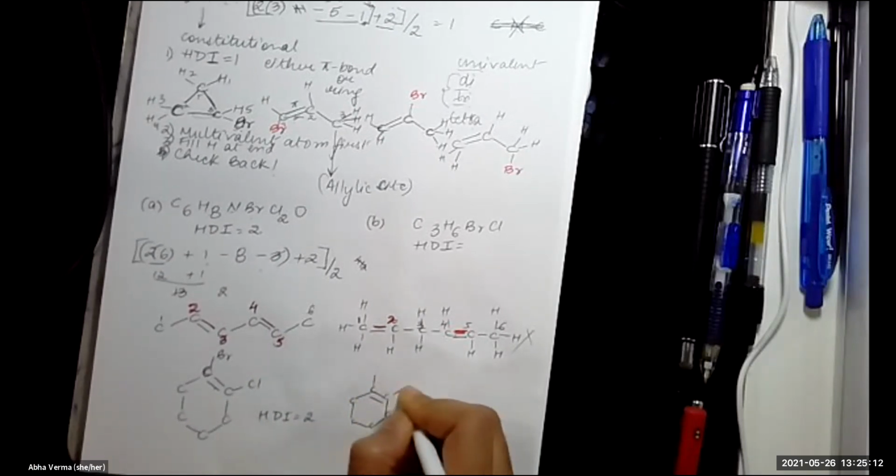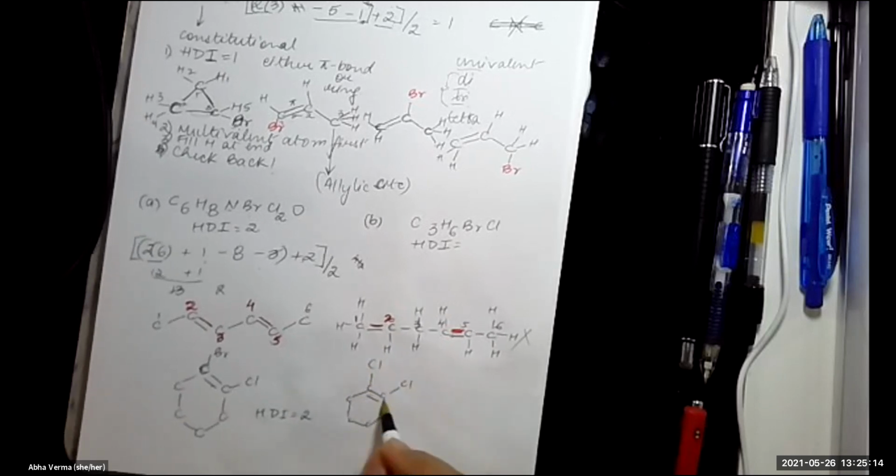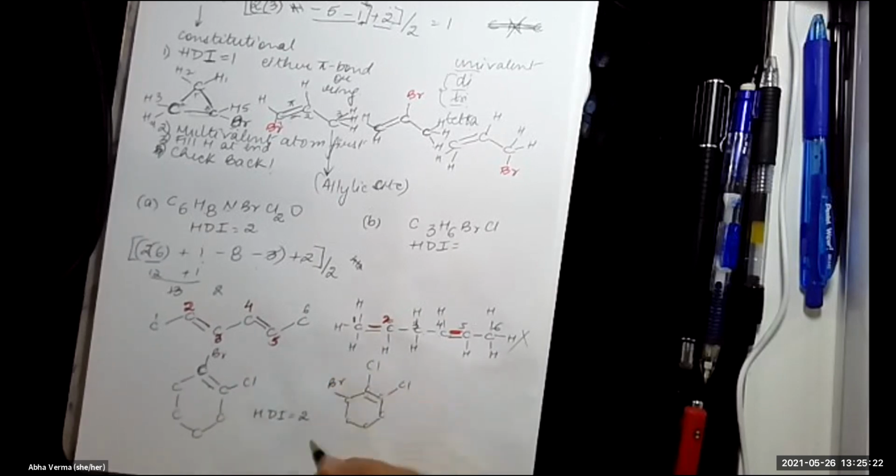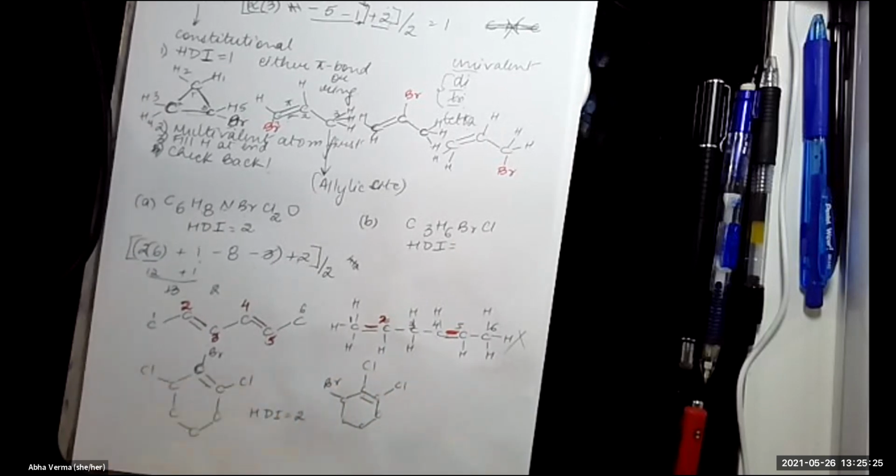I can put both chlorines on my double bond. Don't you think these will again become constitutional isomers if I put my bromine somewhere else, like on the allylic position? So I can make several constitutional isomers by just moving these double bonds, or by placing different groups on my double bonds also.